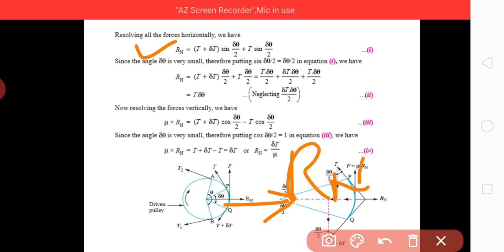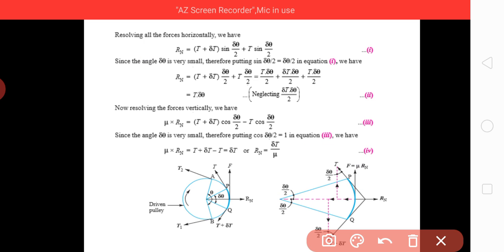So we have Rn equal to (T plus delta T) delta theta by 2 plus T delta theta by 2. Now by simple mathematics, Rn equal to T delta theta, since delta T times delta theta by 2 is very small, hence it is being neglected here.